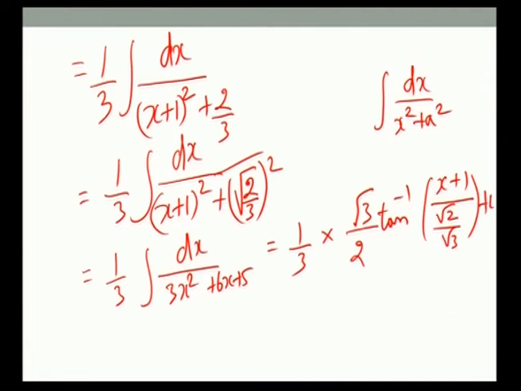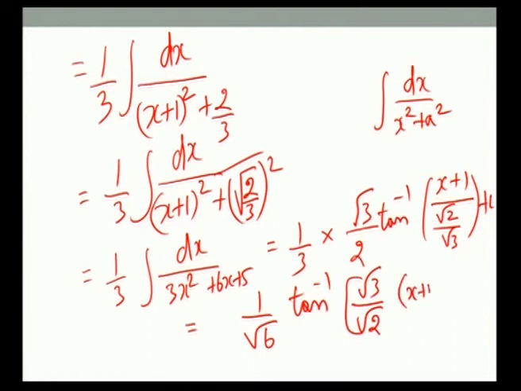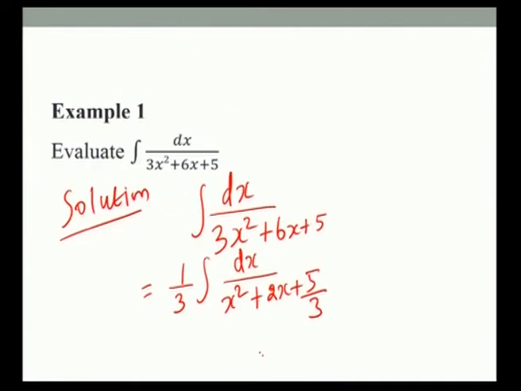So the result of this integration is 1 by root 6 into tan inverse of root 3 by root 2 into x plus 1, plus c, which is the result of the given integral of dx by 3x square plus 6x plus 5.